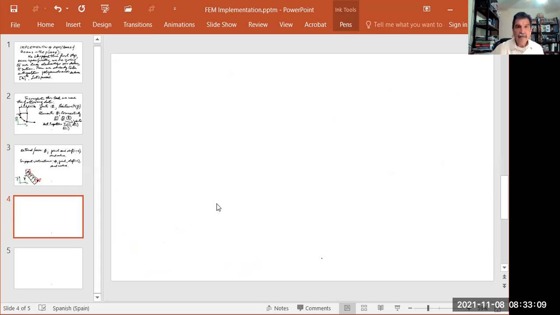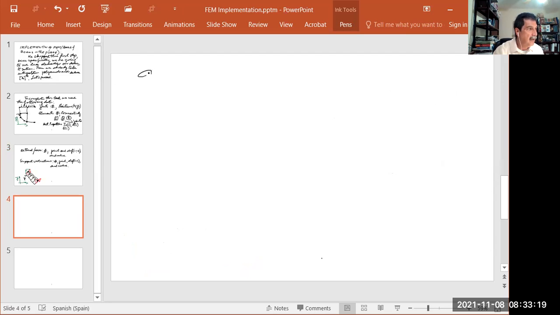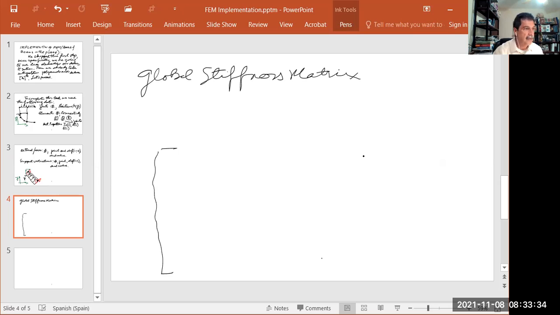Okay, so now, after we have done that, we can proceed to calculate the global stiffness matrix. So this is a very large matrix.